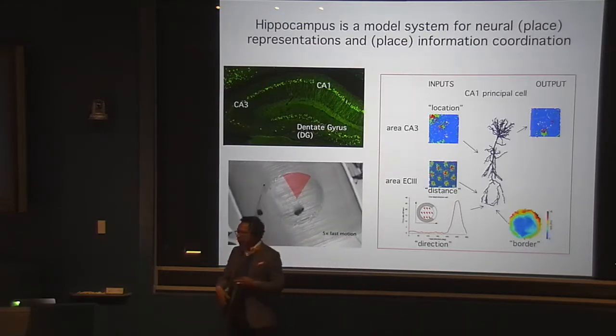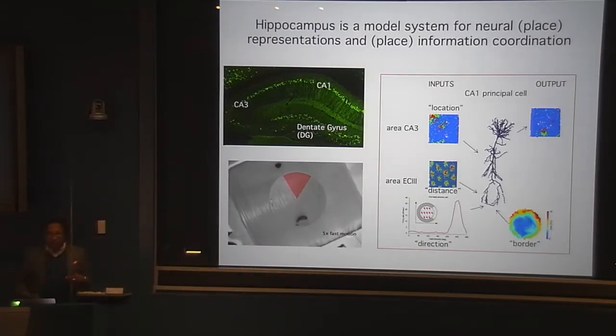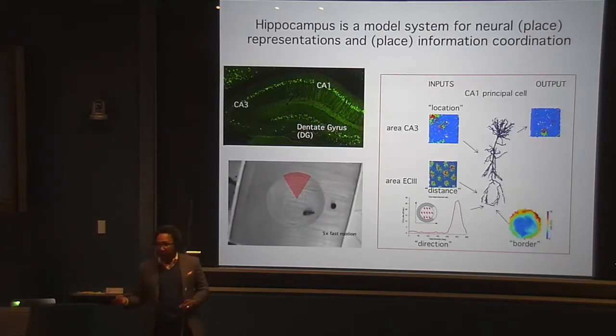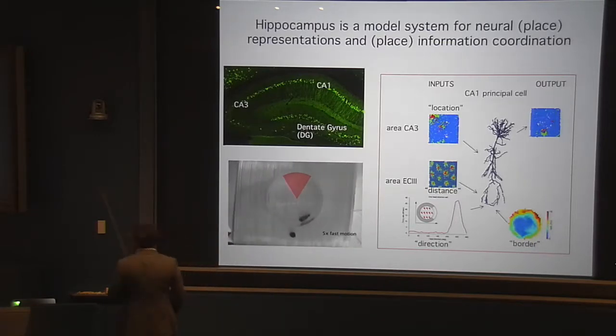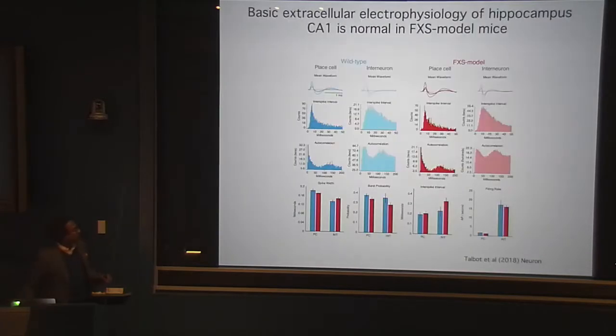And so the CA1 cell is receiving 10-ish thousand of these inputs, and it has to integrate them across its synapses. And remember, we're interested in a mouse that has abnormal synapses, at least defined biochemically. And so let's see what we learn when we record a bunch of these neurons in a mouse that's freely behaving and able to walk around.